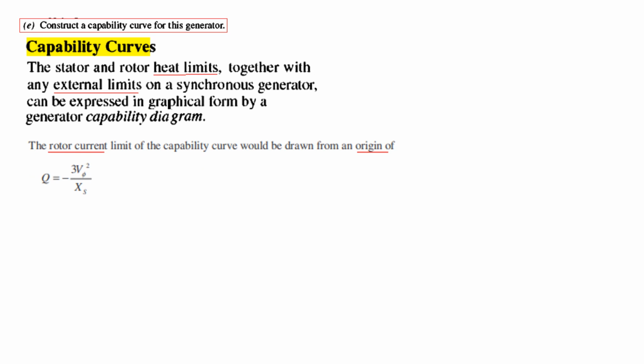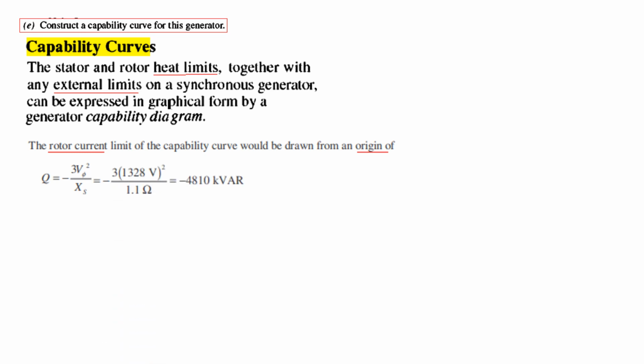So the first thing we need is to find Q from this formula, and in the book it has been derived. And what is this actually? It is the origin of the rotor current limit of the capability curve. So this point gives the origin of the rotor current limit.